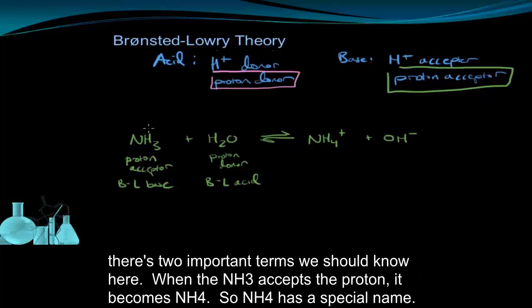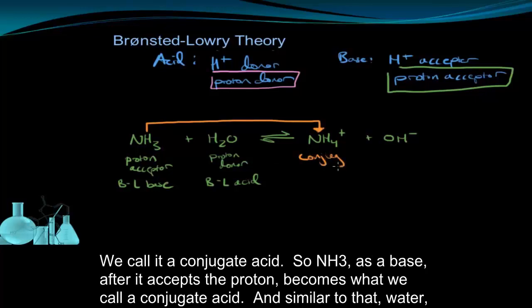Now there's two important terms we should know here. When the NH3 accepts the proton, it becomes NH4. So NH4 has a special name. We call it the conjugate acid. So NH3 as a base, after it accepts the proton, becomes what we call a conjugate acid.